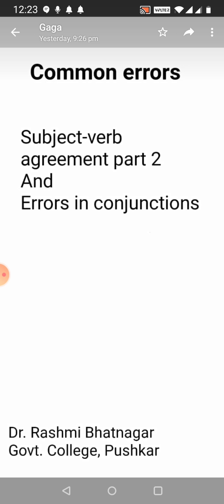Remember what the rule is? In case of either or and neither nor, the verb agrees with the second subject. The second subject in the sentence is singular. That is why the verb that follows is singular.